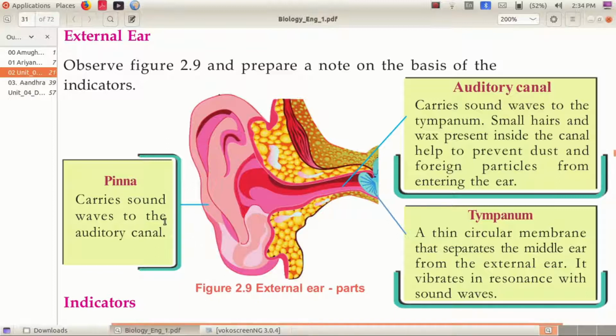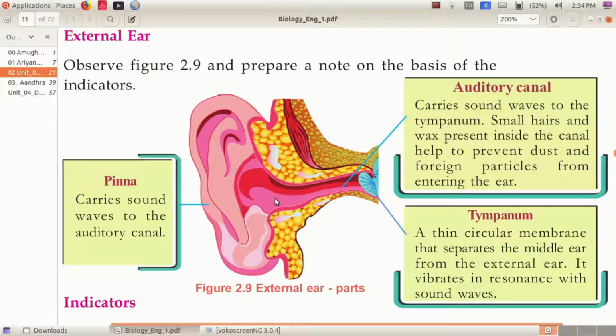This one is auditory canal. And auditory canal carries the sound waves to the tympanum. Tympanum means the circular membrane present here. Then what are the specialities in this auditory canal?